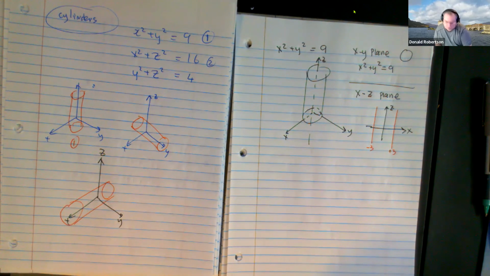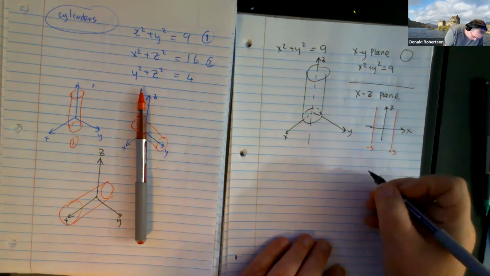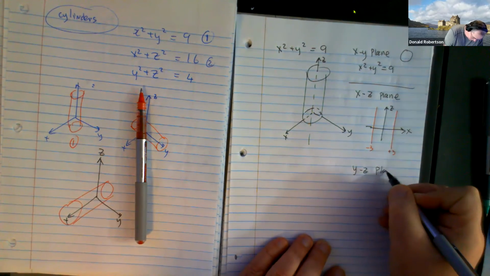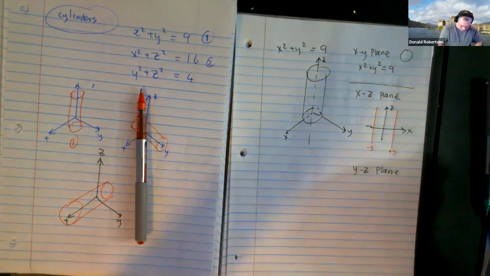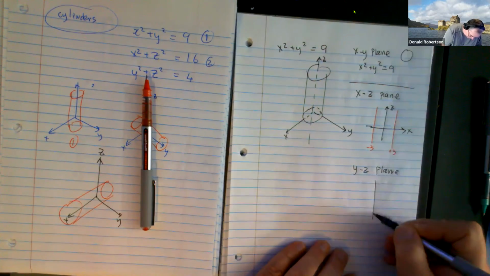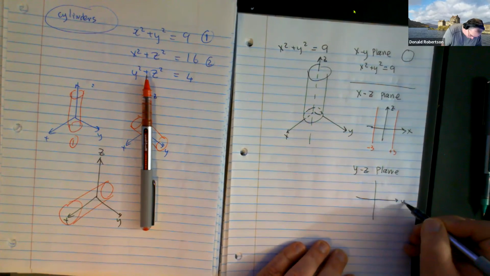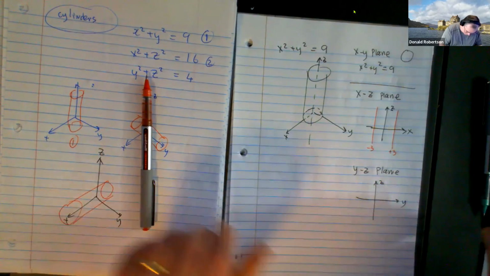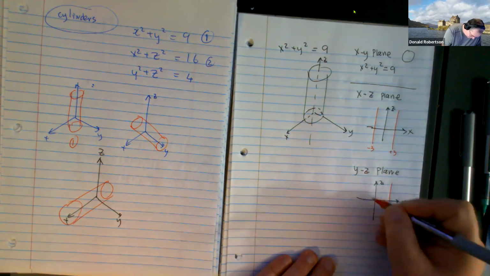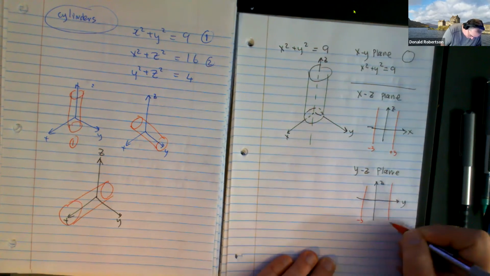In fact, if you did, only for completeness sake, the YZ plane, wouldn't this cylinder basically just be two vertical lines? They would look like that. And they'd also be at -3 and +3.